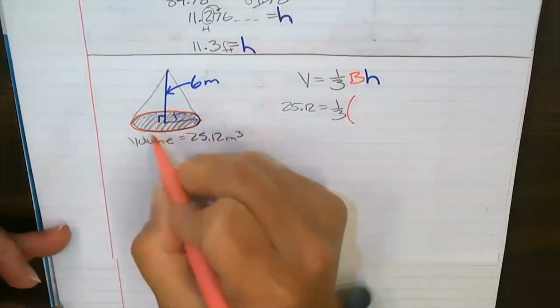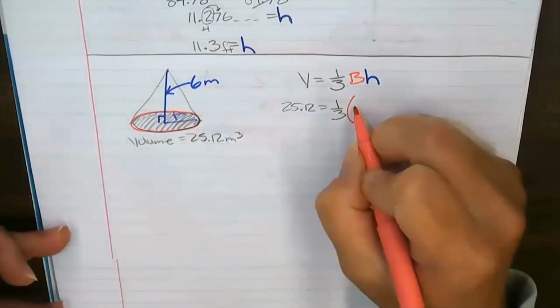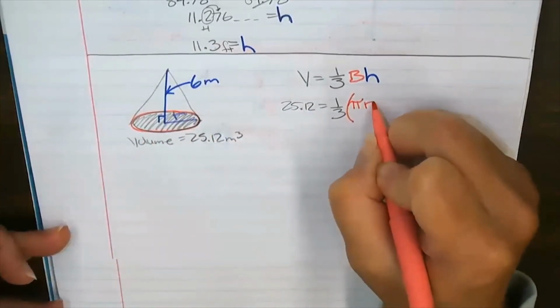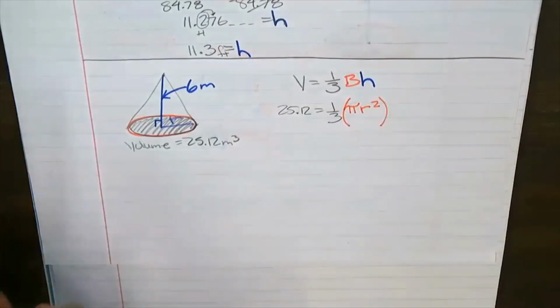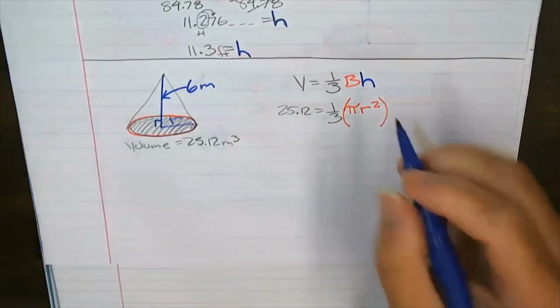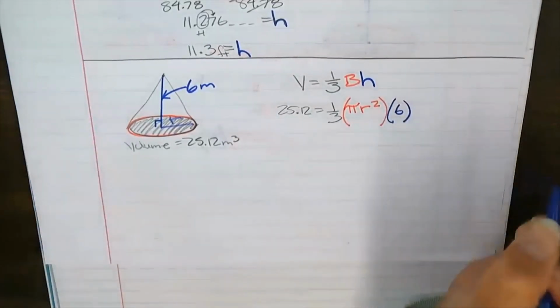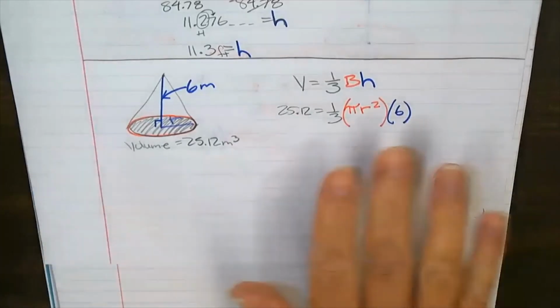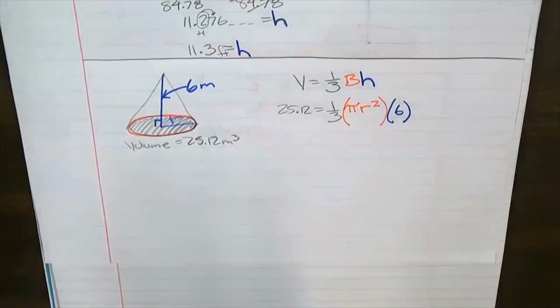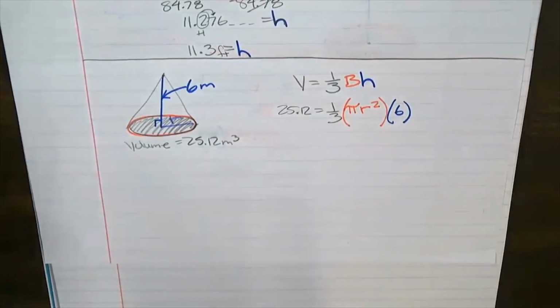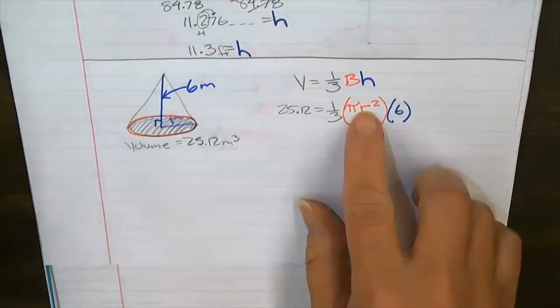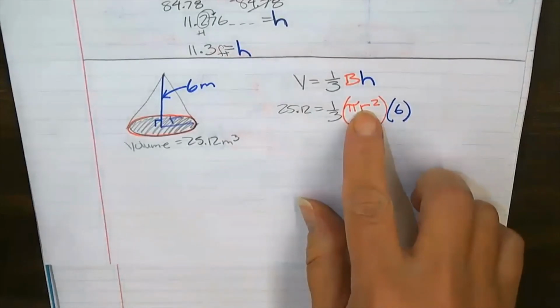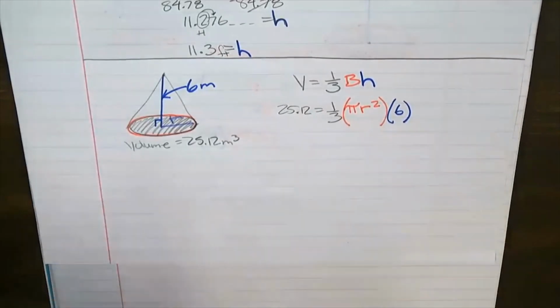The base is a circle, and the base is pi r squared, right? And then my height is 6. So when we look at this, pi is not a variable. It has a value. So my only variable now is the radius. So we can figure this out.